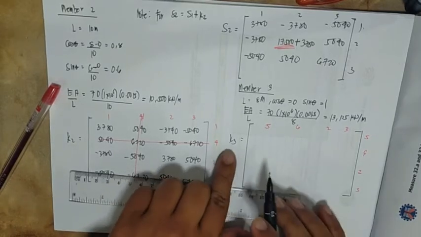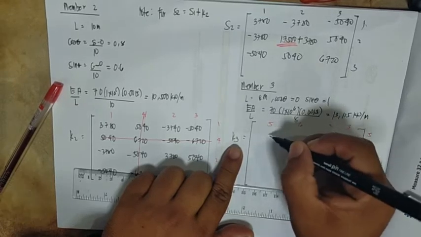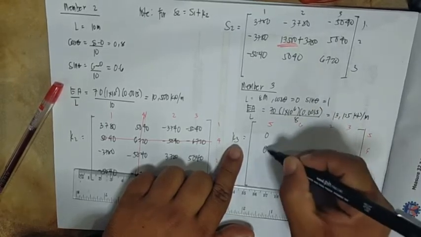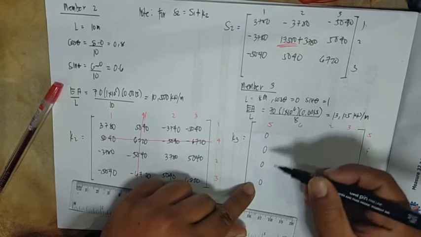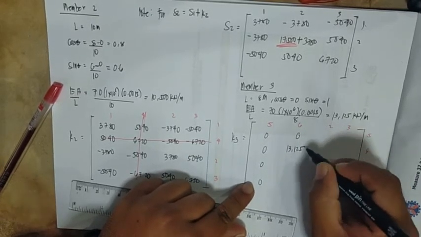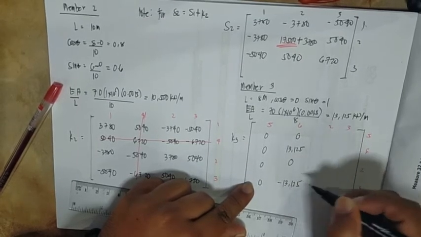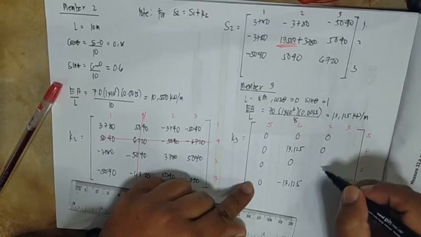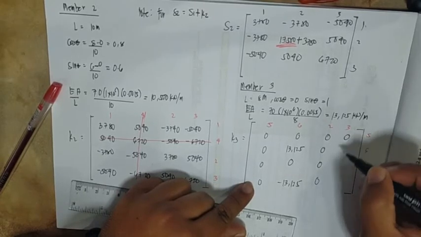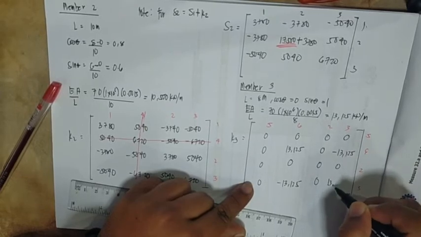So, multiplied by EA over L, what will happen is 0, 0, 0, 0. Then 0, 13,125, 0, negative 13,125. 0, 0, 0, 0. 0, negative 13,125, 0, 13,125.